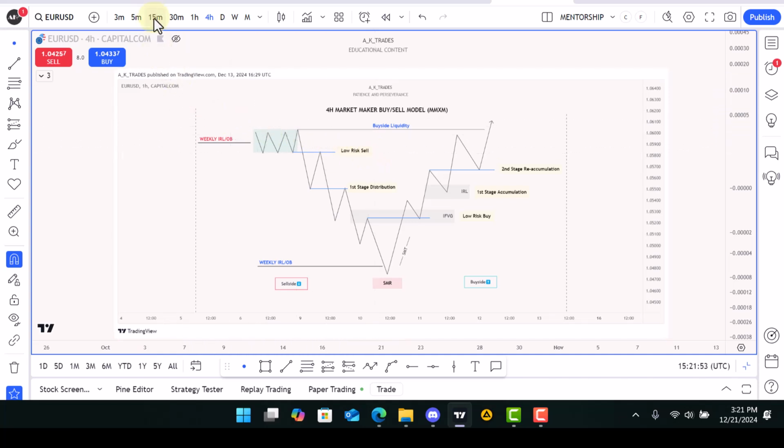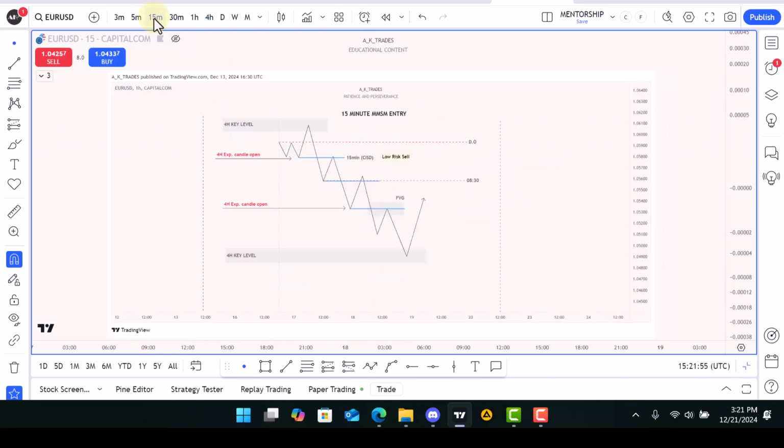So on a 15-minute chart, when price has moved away from a 4-hour key level, what we are looking for is a change in state of delivery on the 15-minute chart to enter.